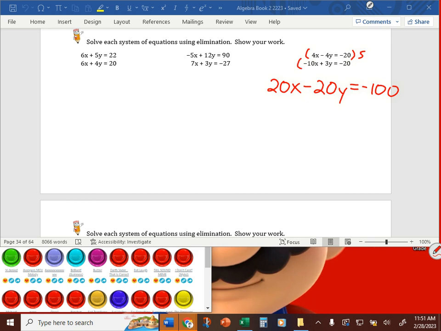So what am I going to have to multiply the bottom equation by to make that 10x into a 20x? 2. So now that gives me negative 20x. 3y times 2 is a positive 6y. And negative 20 times 2 is a negative 40. Stop me if you've got questions. Because this is probably the most involved one you'll need to do, where you have to multiply both equations by something.